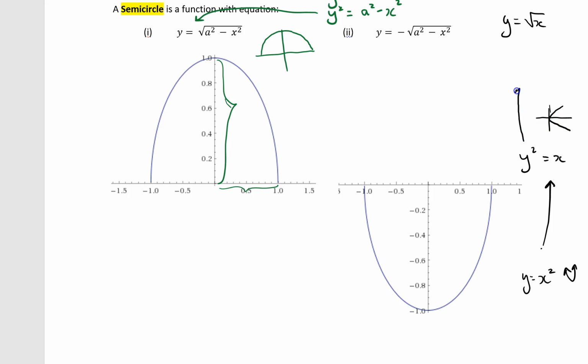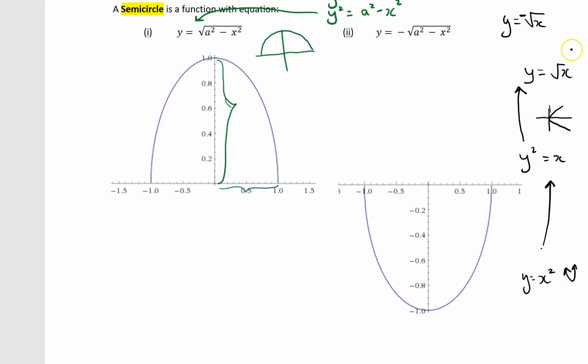Then, going back again, when we write this as y by taking the square root of that side, then we do get two potential answers, the positive square root, for example, and the negative square root.